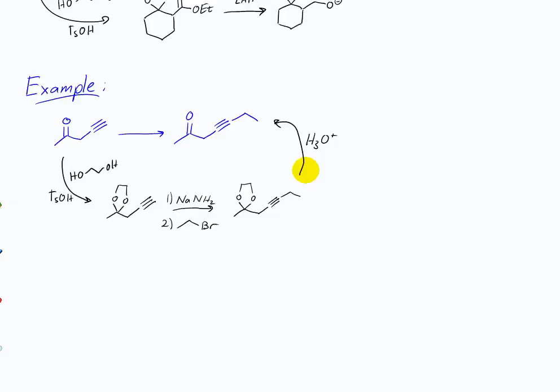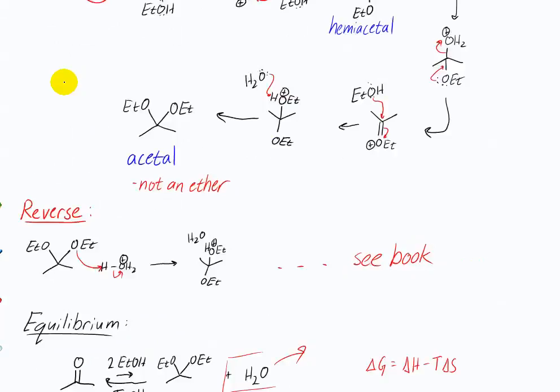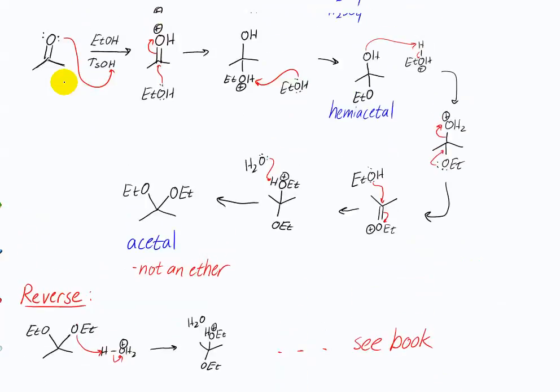There are some other clever uses of acetal protecting groups also. Like this. We didn't learn the mechanism for how you deprotect. Is it just an acid? Yeah. That's what we just did. Well, I mean, we did it for making the acetal, but that's what it is, yeah.